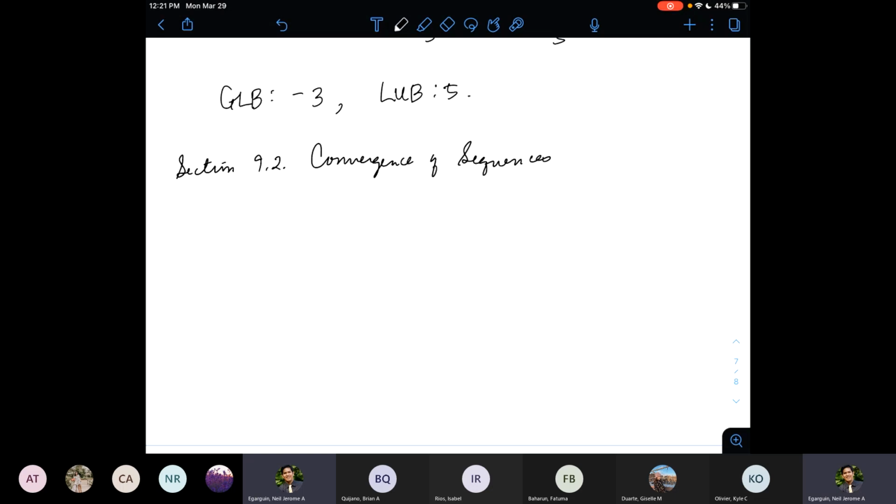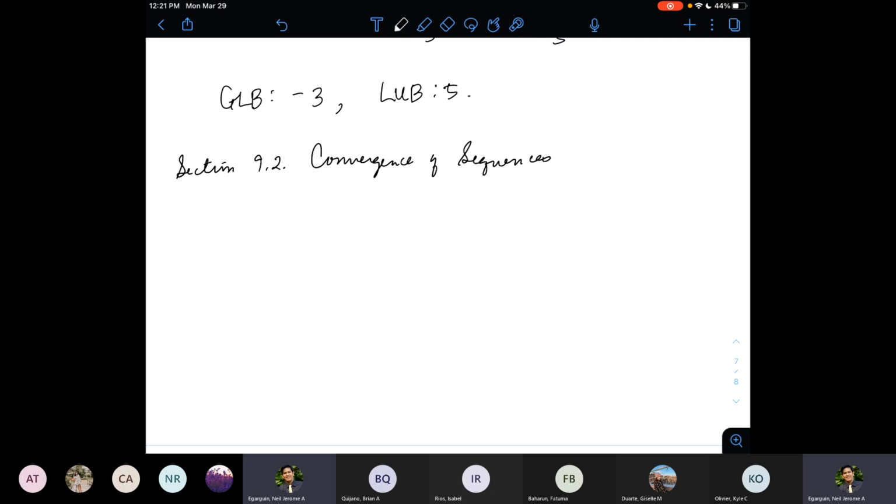Okay, great. So let's go to the next section, which is about convergence of sequences, right? So in a nutshell, a sequence is convergent if the terms in the tail end of the sequence approach a certain number. Though there is no tail end because the sequence is an infinite list, right?